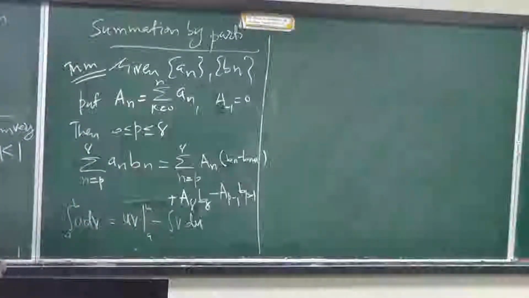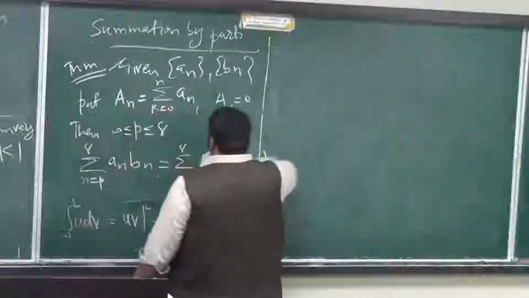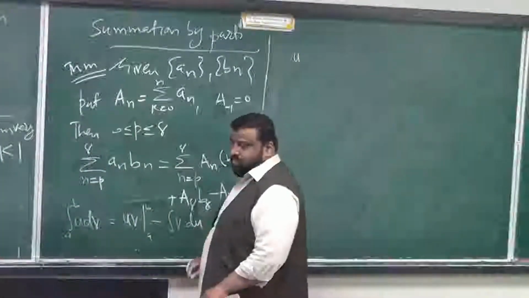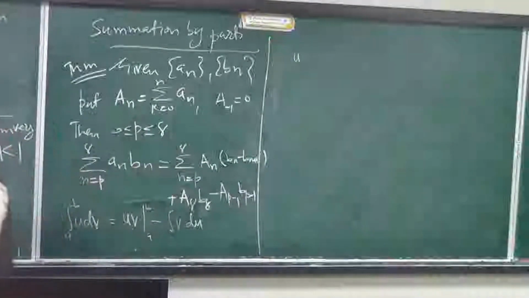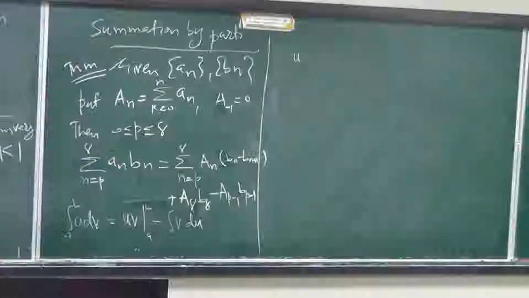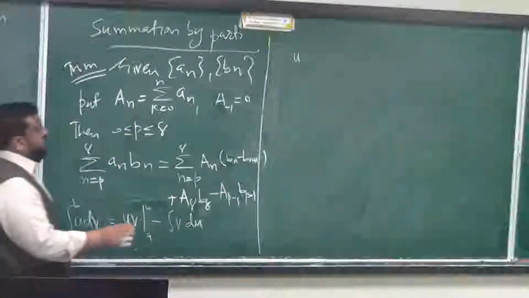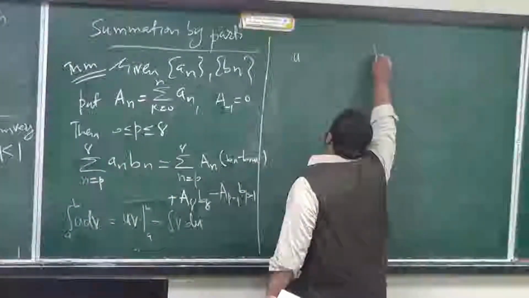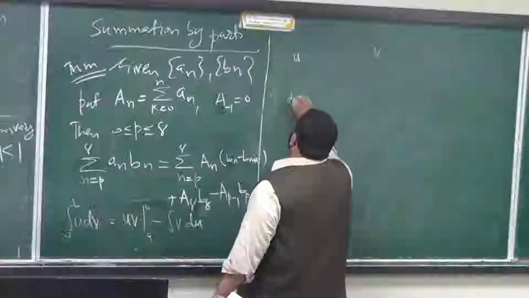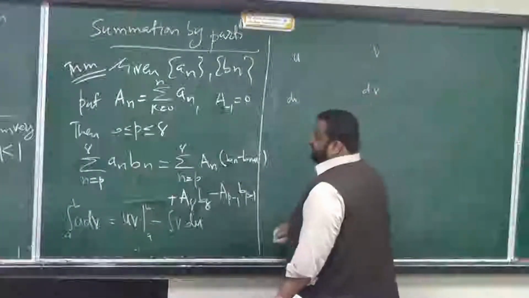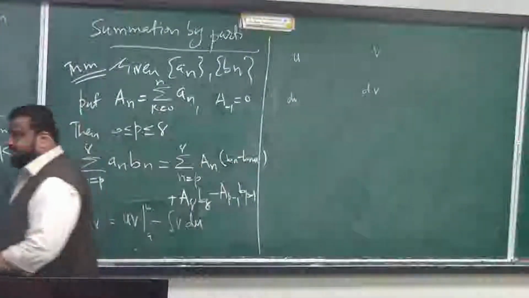But just tell me, what is playing the role of U in this sum? And V? What is V, and what is DU and what is DV? Roughly, just give me.